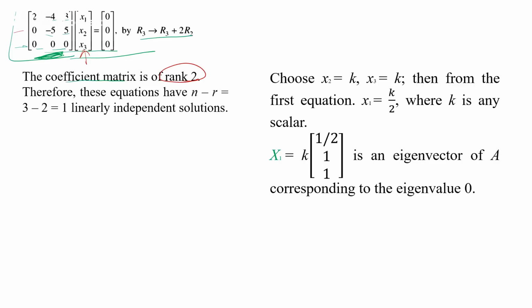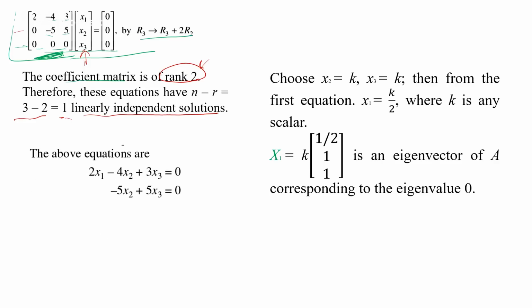So the rank is 2 and the number of unknowns is 3, so 3 minus 2 is 1. So that system has one linearly independent solution. Now we convert the system again into a system of equations: 2 x1 minus 4 x2 plus 3 x3 is equal to 0.